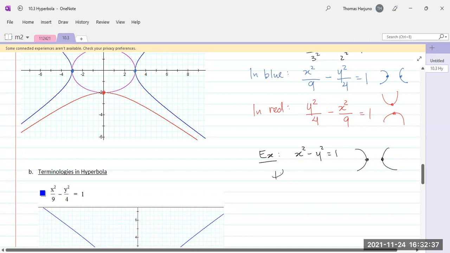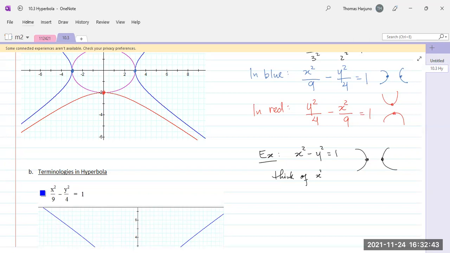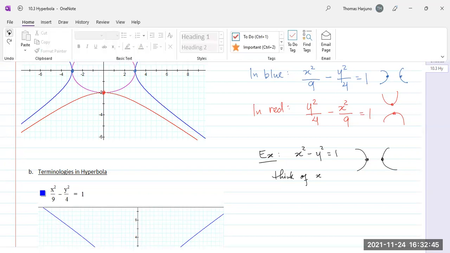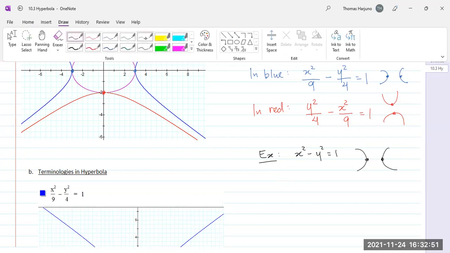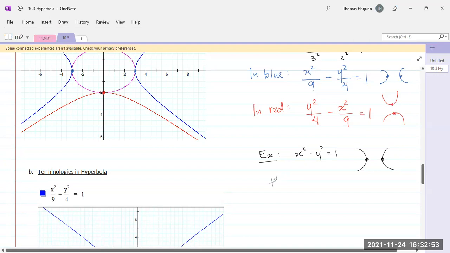x squared plus y squared equals 1. You change it to a plus sign. What's the graph? That's actually a unit circle.